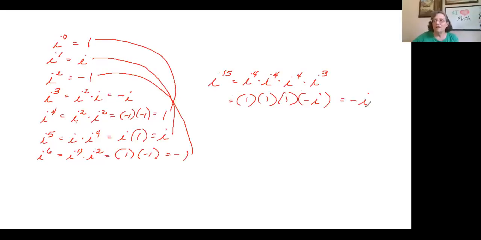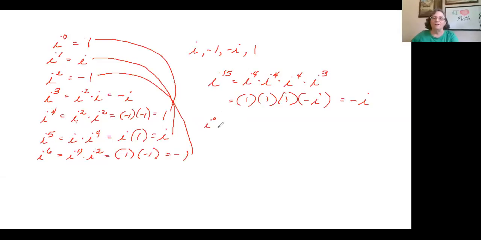Any power of i is going to be either i, negative 1, negative i, or positive 1, depending on whether the exponent will divide by 4. If it'll divide evenly by 4, if it's a multiple of 4, it's going to be a positive 1.